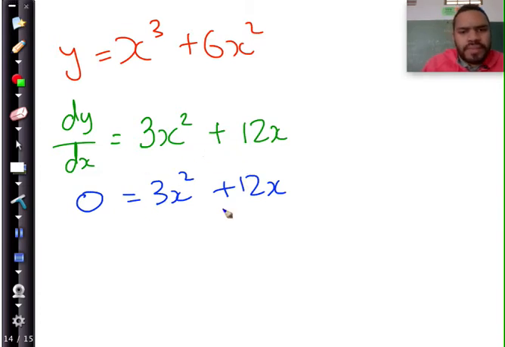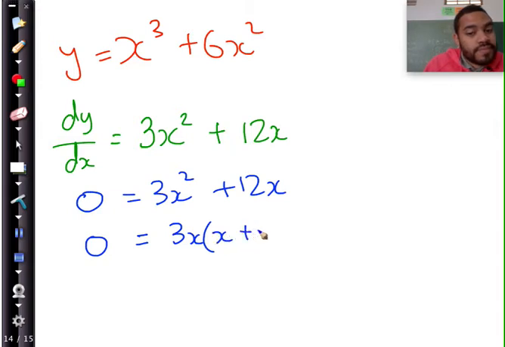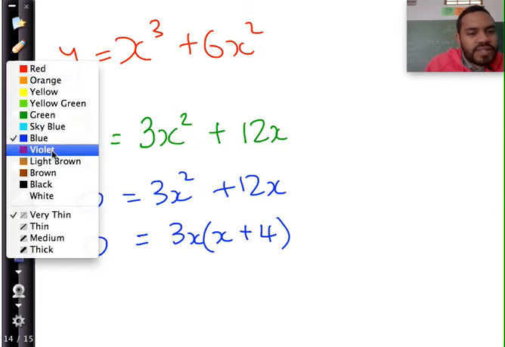And how do I solve this? The rest is normal algebra. That's step 3, solve for x. How do I do it? Factorize. What's the common factor here? 3x into x plus 4, and that results in 2 things.